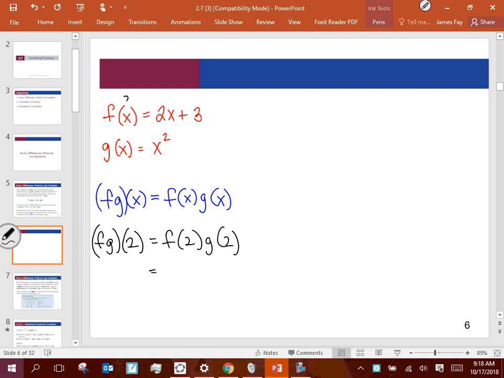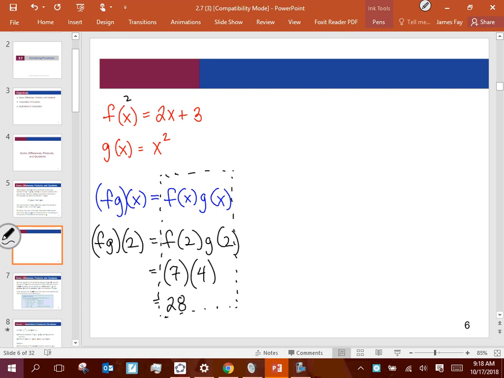What would I get if I plug 2 in up here for f? 7. What would I get if I plug 2 in for g? I get 4, right? What's that product? 28.